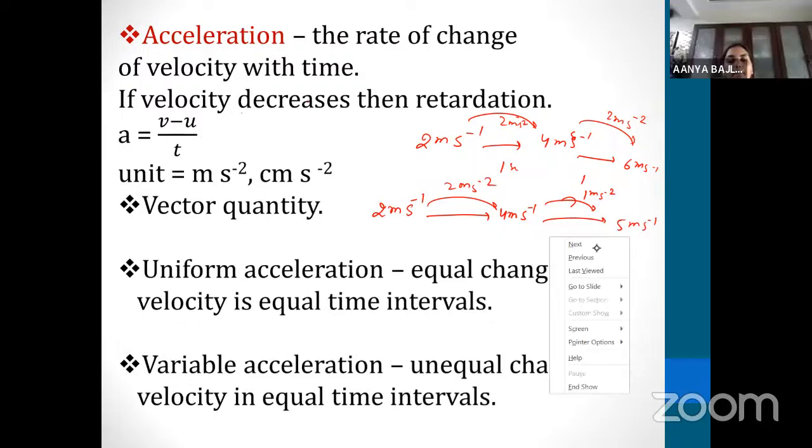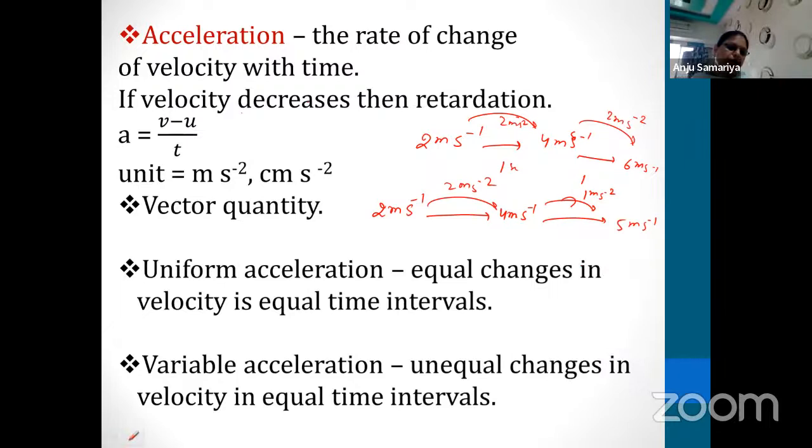Now let's see the same thing. Now this body is moving with 5 meter per second, and the next moment, it comes to rest, 0. Suppose it comes to rest after 2 seconds. So the acceleration becomes (0 minus 5) upon 2, that is minus 2.5 meter per second square.